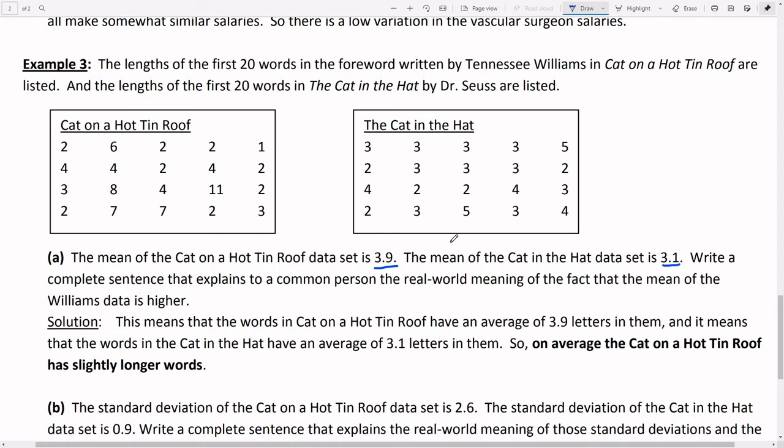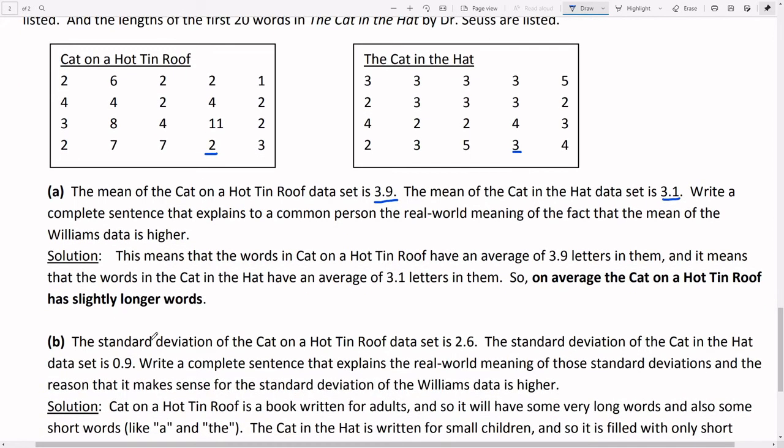This tells the person that in general the words in this first book are bigger than the words here. Not all of them, right? Look, I've got a 2 and a 3 here. So it's not true for every single word, but in general, on average, bigger words, smaller words. That's what being able to have those numbers lets you do.